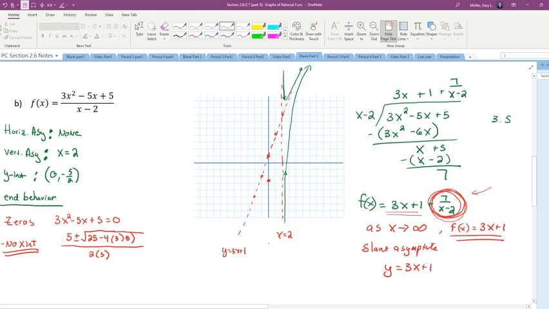So based upon our understanding of what happens at asymptotes and our lack of x-intercepts, we know that this option is not possible. So it has to be there. And then we look on the other side, and I know that I either have to be coming down the asymptote and then end up following my slant asymptote, which really should be closer than that, but that would be impossible.